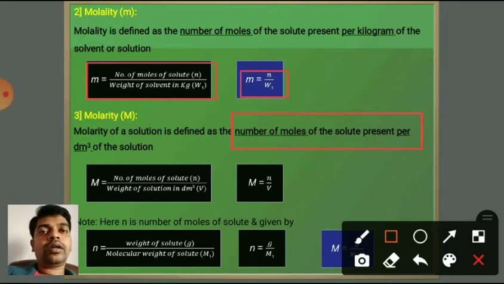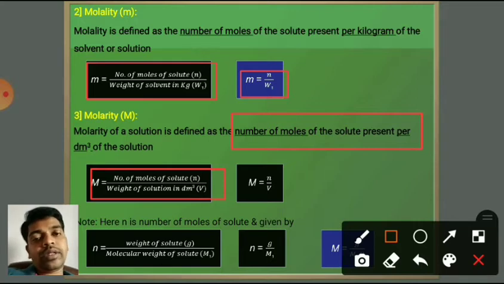Here the molarity M is given by the formula: M equal to number of moles of solute, represented by n, divided by the volume of the solution in dm cubed, or liter, which is represented by V. So M equal to n by V.